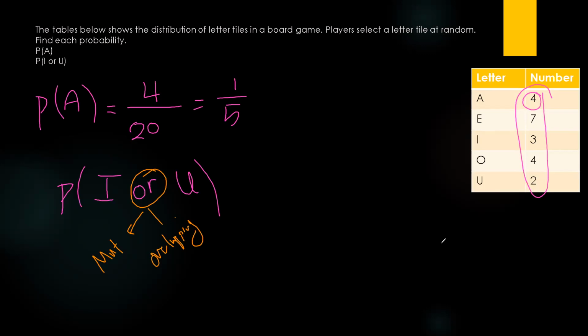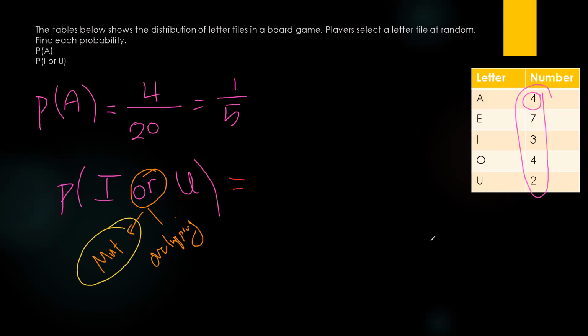I or U. So now, before solving it, can the letter be I and the letter be U at the same time? No, it cannot. So this will be mutually exclusive, because the letter cannot be I and U at the same time.